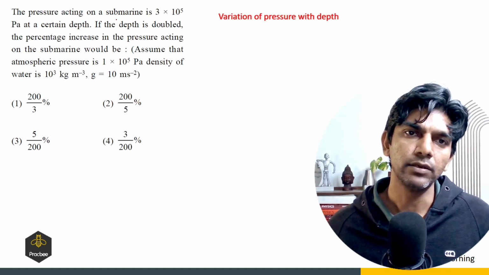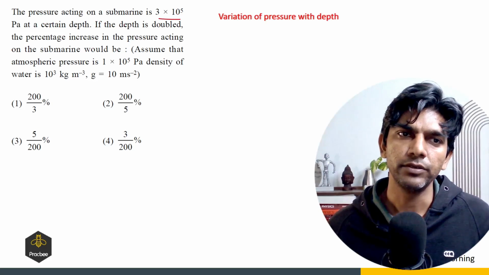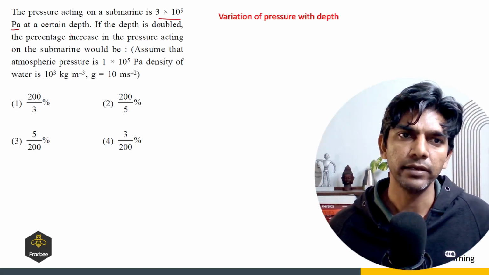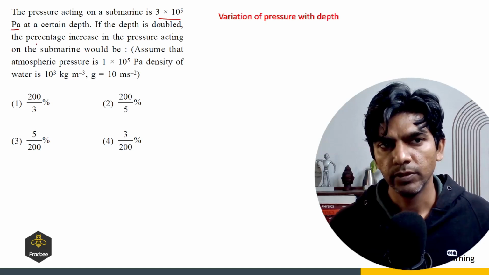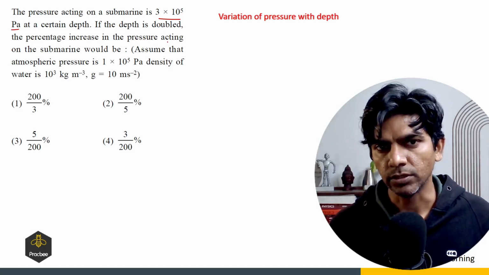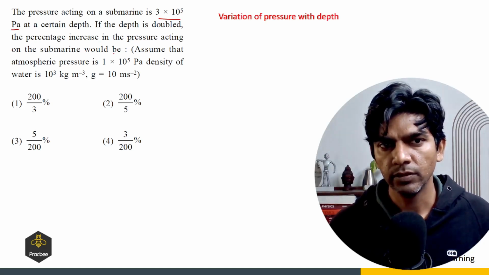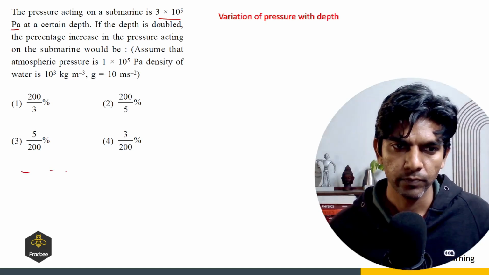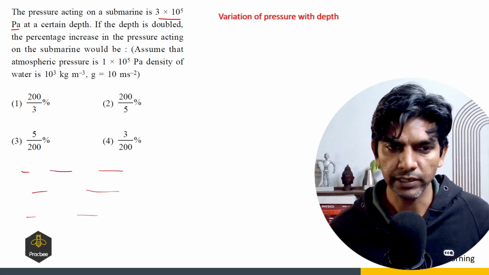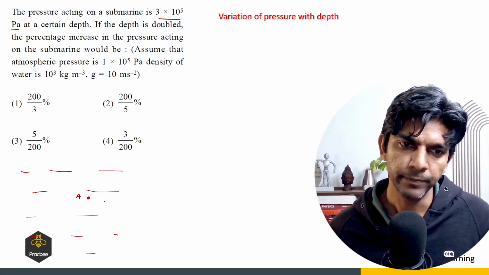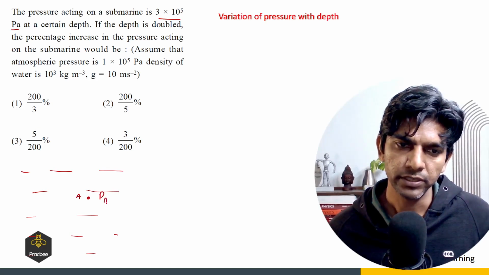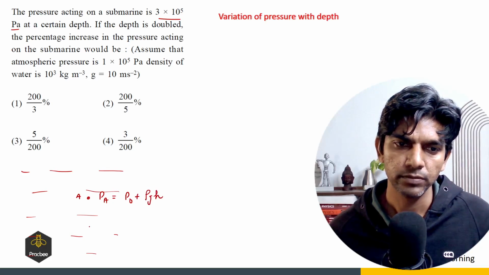The pressure acting on a submarine is 3 into 10 raised to power 5 Pascal at a certain depth. If the depth is doubled, the percentage increase in the pressure acting on the submarine would be? So we know that pressure increases linearly with depth. When the submarine is at A, the pressure at A will be P naught plus rho gh.